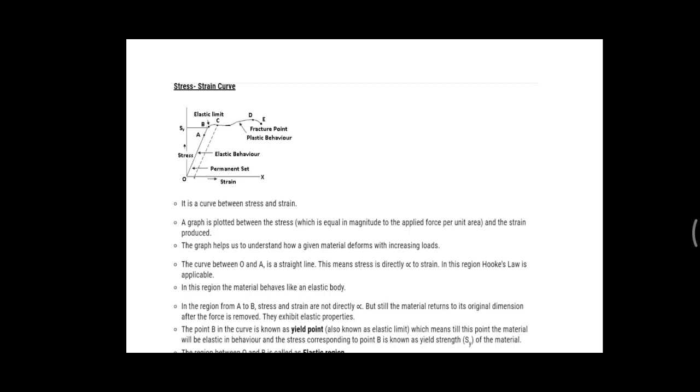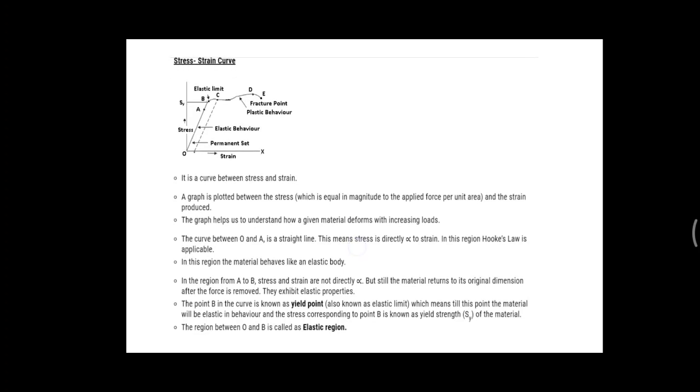Hi dear students, in the last class we have discussed Hooke's law. Scientist Robert Hooke was explaining the relation between the stress and the strain for a particular object.